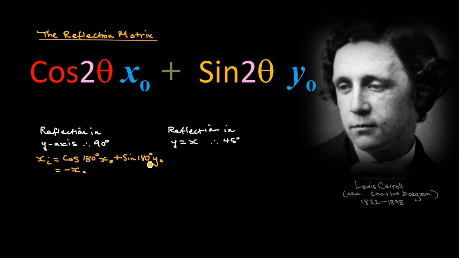Well, the sine of 180 is 0, if you check on your calculator. So we don't need to add this component: 0 times the y coordinate of the object, so no y coordinate of the object. So we're done. The x coordinate of the image is negative the x coordinate of the object.